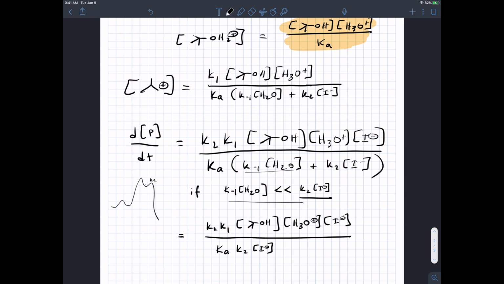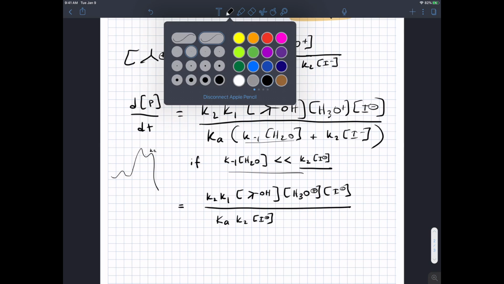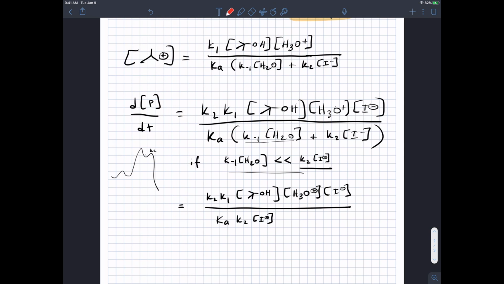You lose the water term, and then you can actually cancel out both rate constant 2 and iodide concentration to give you K1 divided by Ka times the amount of hydronium present.